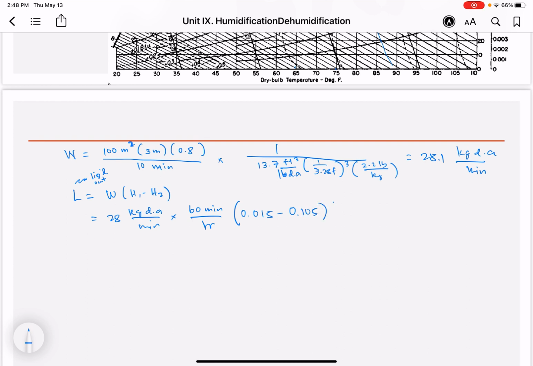This is kilogram water per kilogram dry air.